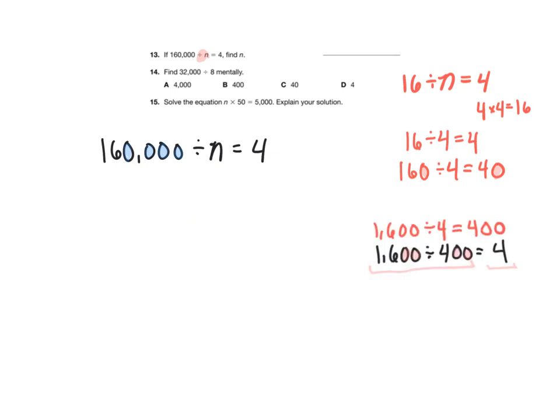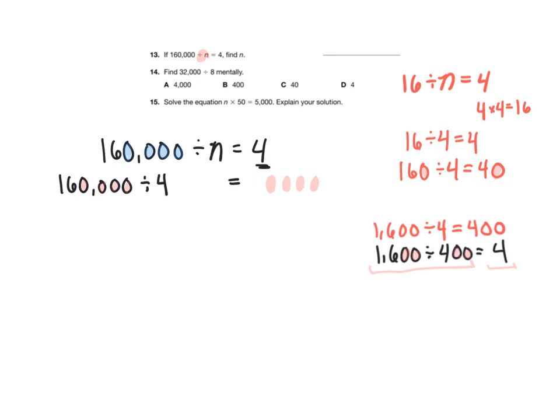Same thing with this. I'm going to take 160,000 divided by 4, and I'm going to make my number of zeros match. Okay, so I've got 4 zeros on this side of the equation. I also need to have 4 zeros on this side of the equation.